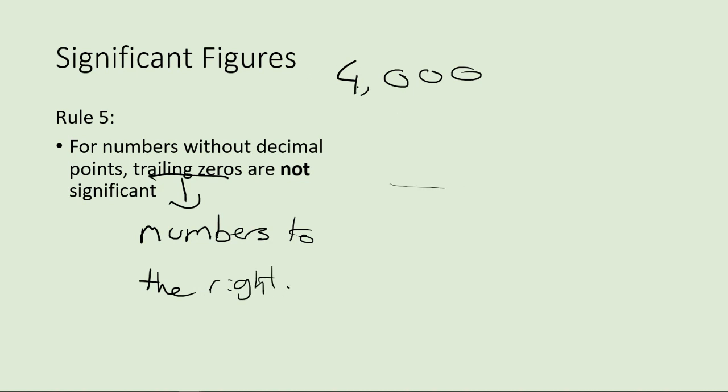So trailing zeros, we've got 3 trailing zeros here. One, so that would be one significant figure. And then let's say we had, I don't know, 101,000. This would have 3 significant figures.